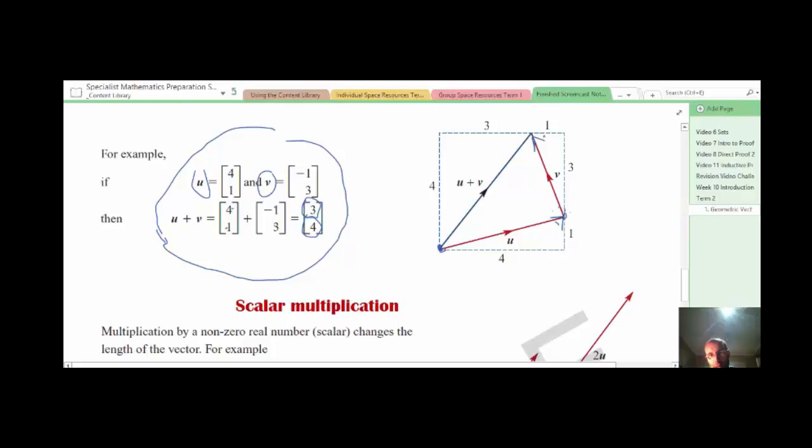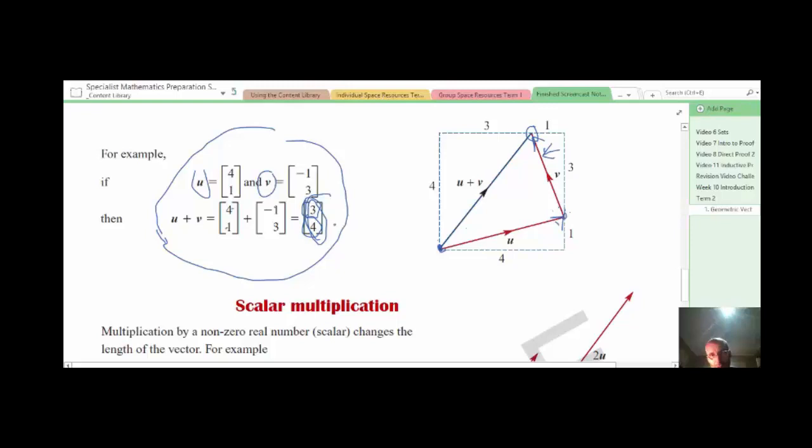It goes across negative 1 because it's going back in this negative direction, and then it goes up a further 3, and the final vector is 3 across and 4 up from where it began. And you can see that that matches our answer over here.